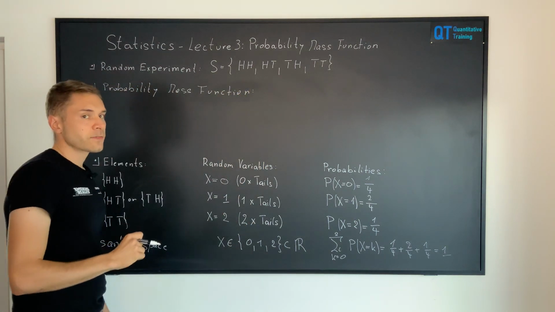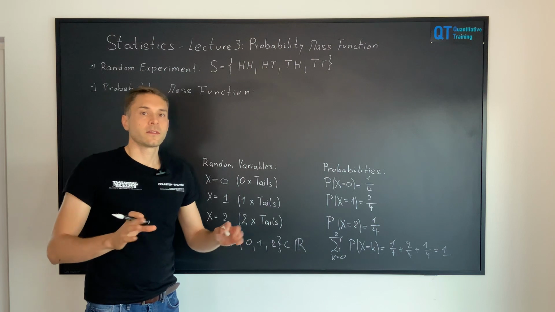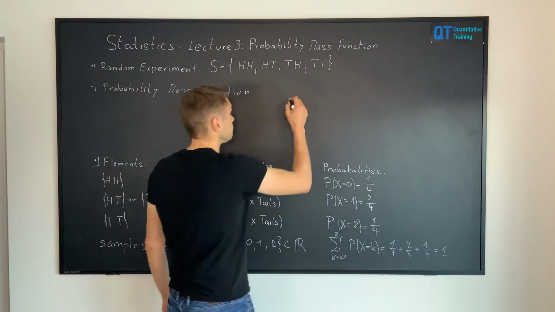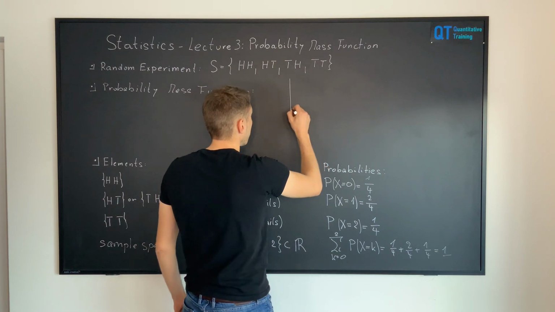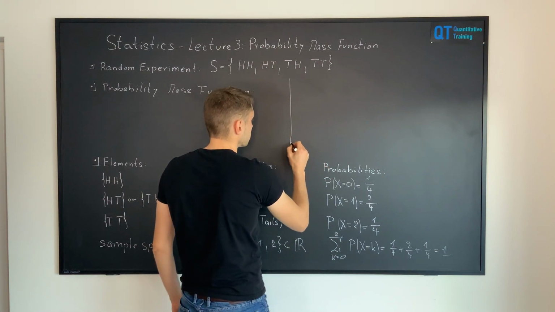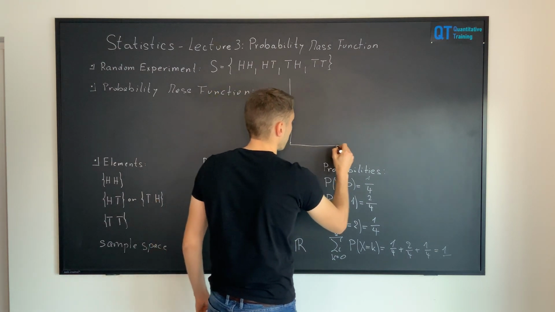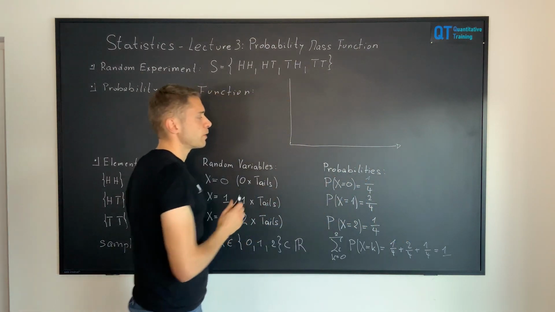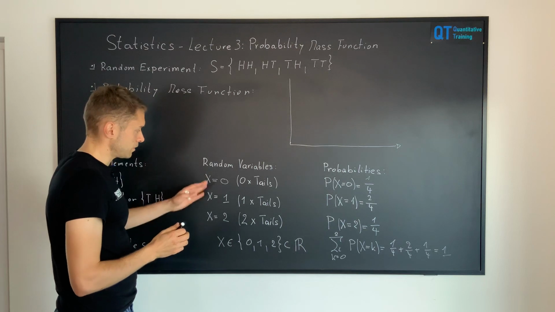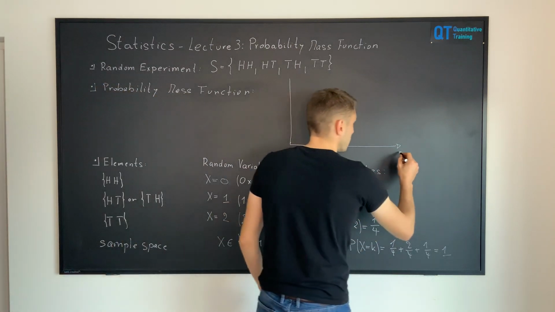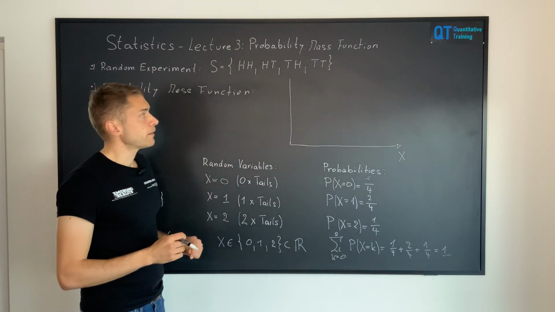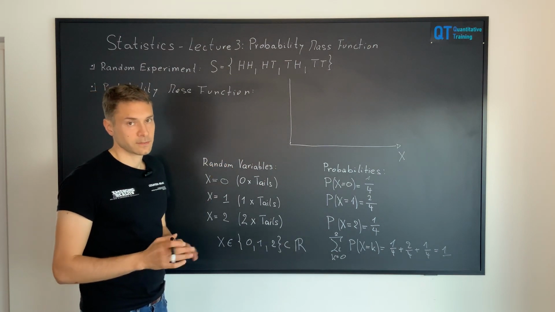The probability mass function is going to be a graphical representation, a plot, where we have 2 axes: a y-axis and an x-axis. On the x-axis we have the random variable x, and on the y-axis we have the associated respective probabilities.